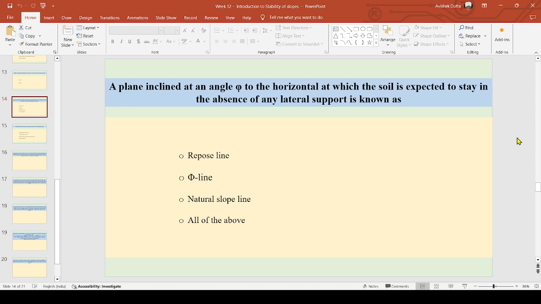The options are repose line, phi line, natural slope line, or all of the above.